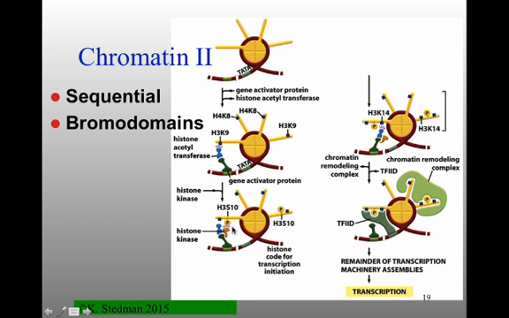Often these interactions will lead to more interactions. You remember in the histone code, we often have multiple different modifications that happen at the tails of the histones. Here we have a histone kinase, which associates with histone H3 and now phosphorylates at position serine 10.